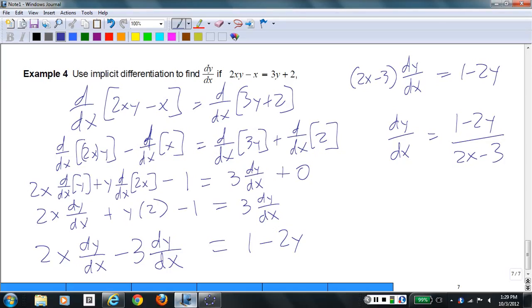So if we could find a point on this graph, we could substitute the coordinates into (1 minus 2y) over (2x minus 3), and it would give us the slope of the tangent line.